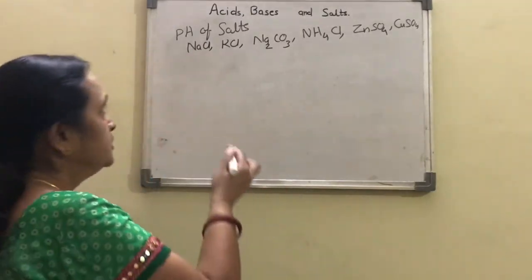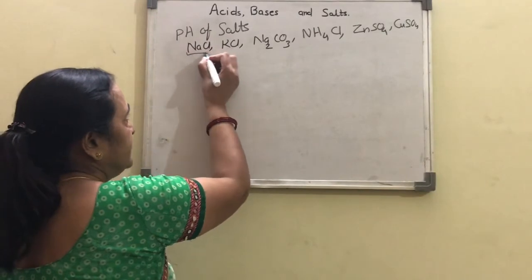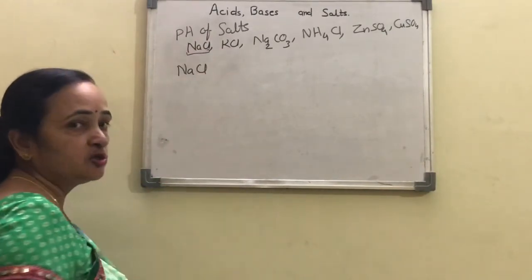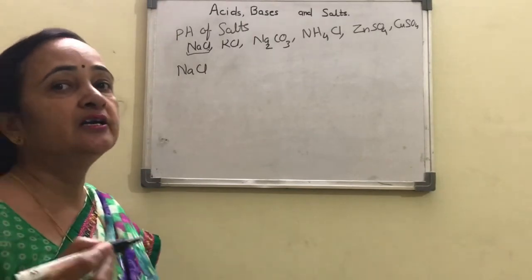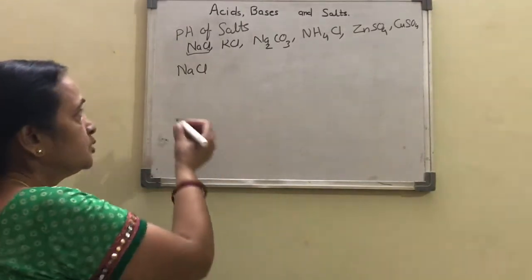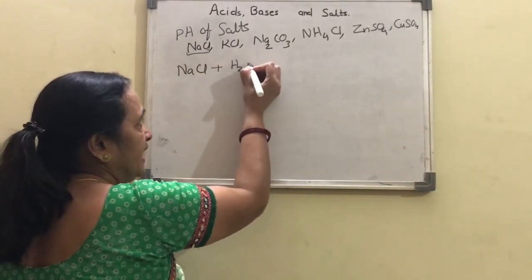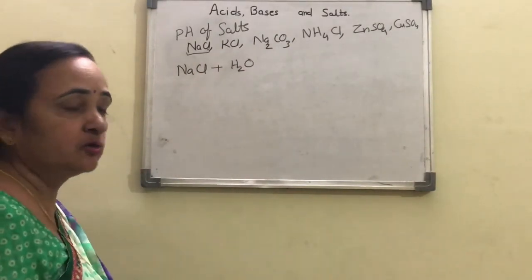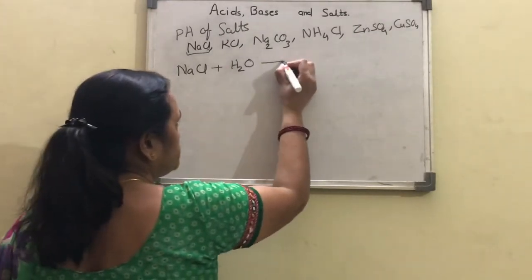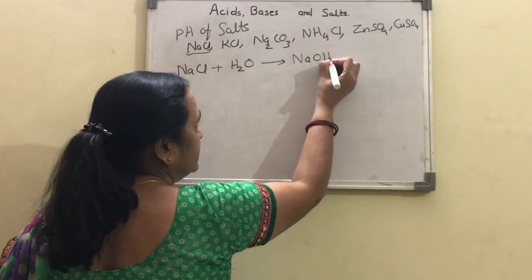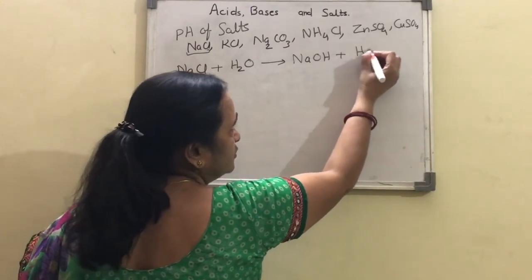Okay, so suppose I take NaCl. Let me find out whether NaCl is an acidic salt, a basic salt or a neutral salt. NaCl plus water, as we dissolve it in water, will give sodium hydroxide and hydrochloric acid.